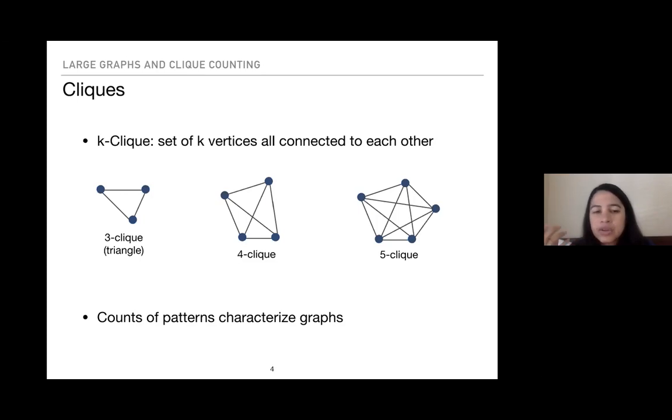And indeed, one of the salient features of real-world graphs is that there are many more triangles in these graphs than what one would observe in a random graph of the same size. So these structures and their counts can actually tell us something about the phenomena that the graph represents.